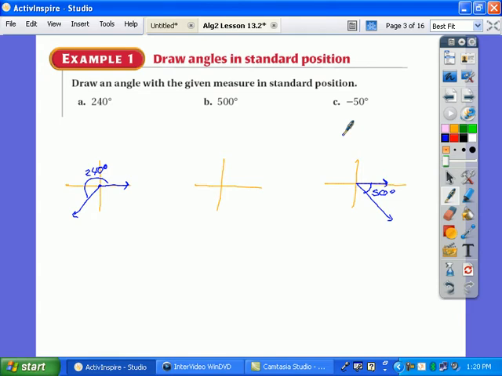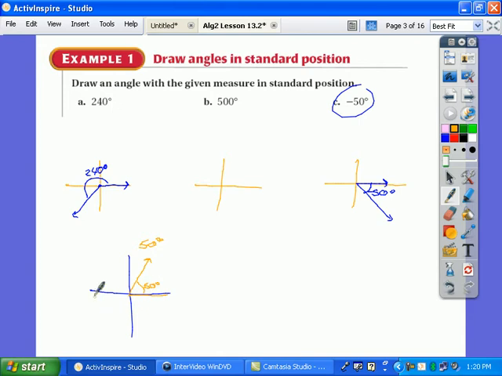A positive 50 would come up like this. Any positive rotation will always come this direction, any negative rotation will come this way.